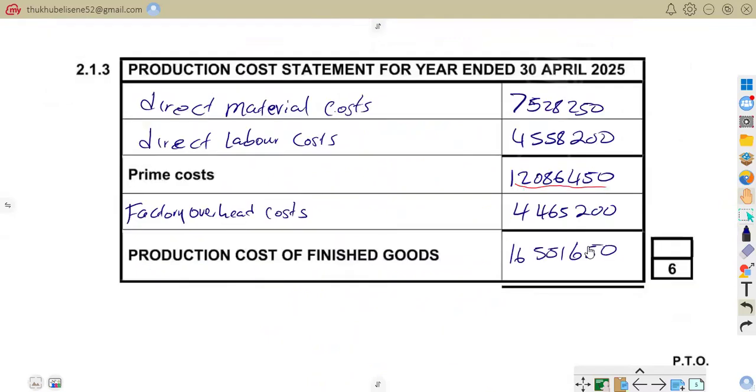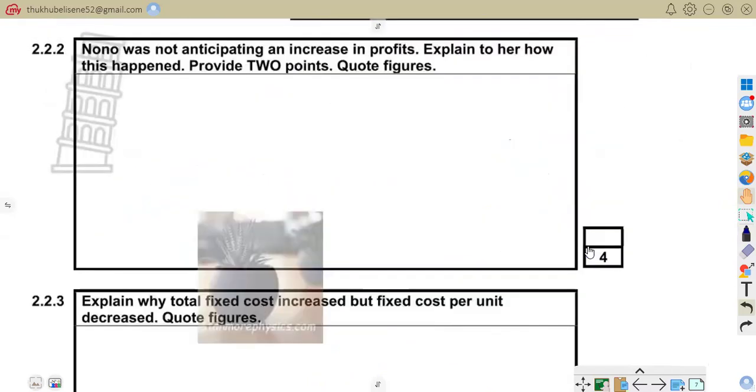I'm talking about this in the answer book. Remember, this was to explain that Nono was not anticipating an increase in profit. Explain to her how this happened.